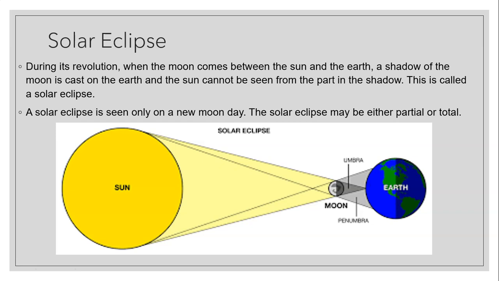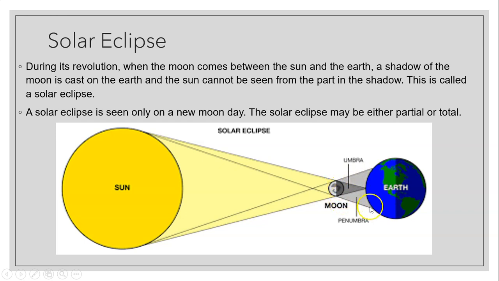Also, we have to note that a solar eclipse is seen only on a new moon day. Why is this? The part of the moon getting sunlight is this part. This is the darker side of the moon. From this side of the earth, this part of the moon is not seen at all.